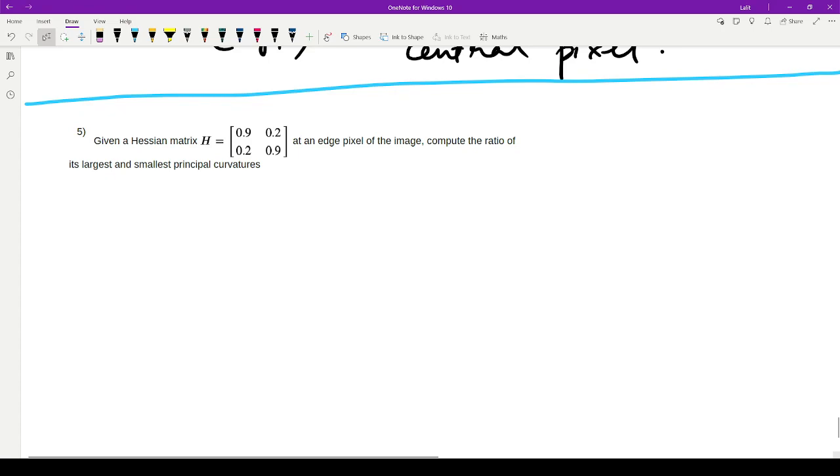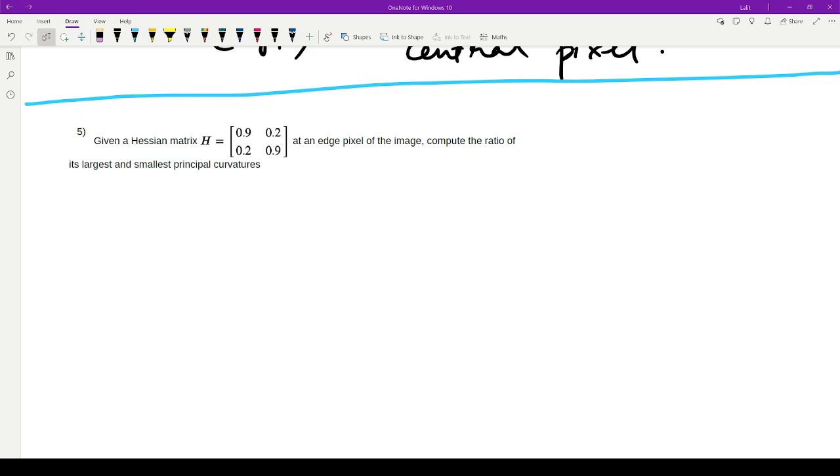Anyone? So this Hessian matrix is just the computation of the Hessian. That is the second derivative along the x direction, along the y direction. Here it's the mixed derivative along the x and y direction. It's the same Hessian matrix that we were talking about.